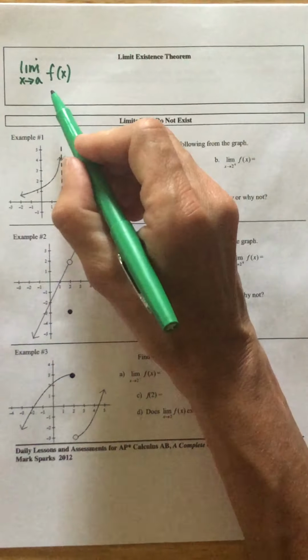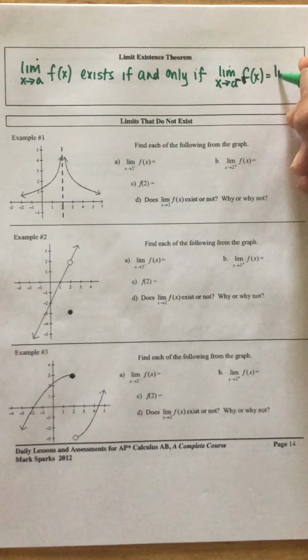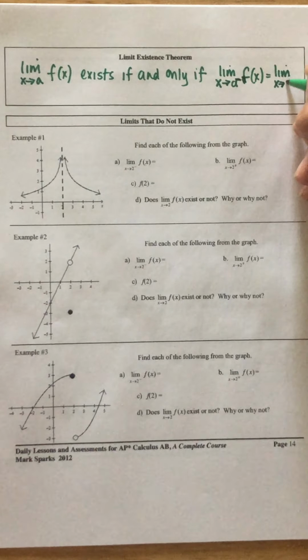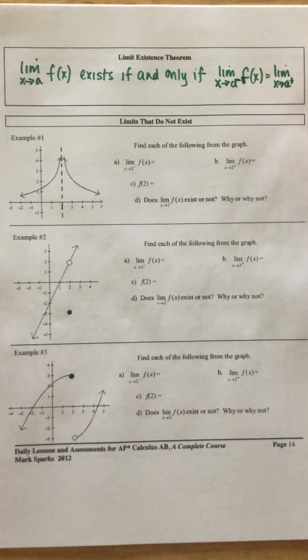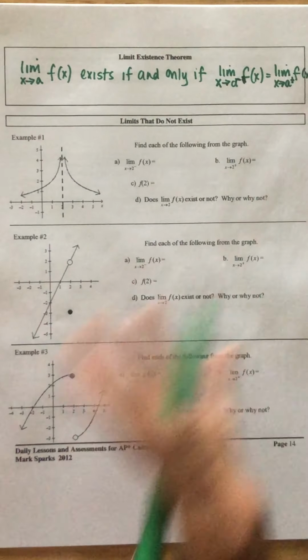We're saying it exists if and only if the limit as x approaches a from the left of f of x is equal to the limit as x approaches a from the right of f of x, and that's going to be equal to some value b.